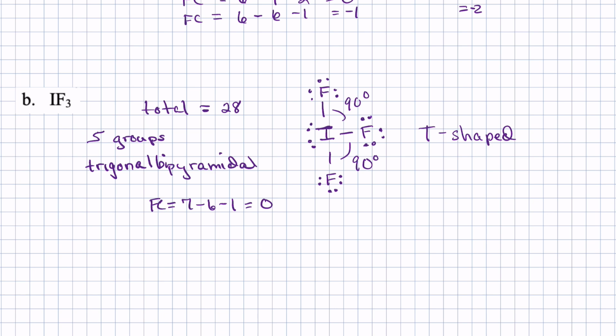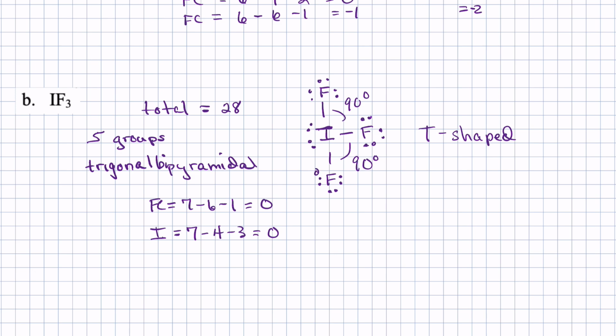And for the iodine, we've got 7 valence electrons. We've got 4 non-bonding electrons and 3 bonds, and so that's also 0. So all of the atoms in this species have a formal charge of 0. We have no multiple bonds here, so we have no resonance structures for this particular species.